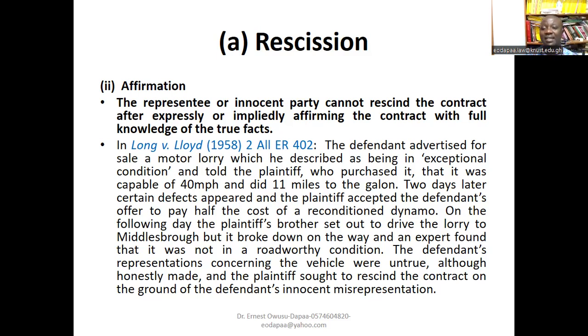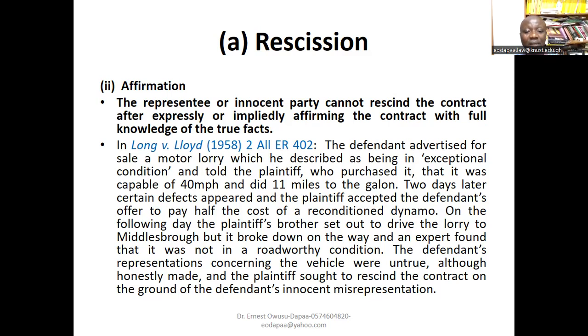You treat the contract as if it's in full force. Now, where that is the case, then you will not be able to rescind the contract because you have affirmed the contract. As lawyers will say, you cannot approbate and reprobate. You cannot eat your cake and have it. If you are aware of misrepresentation and you continue to behave under the contract as if nothing is wrong, then you cannot later on turn around and say you want to rescind the contract.